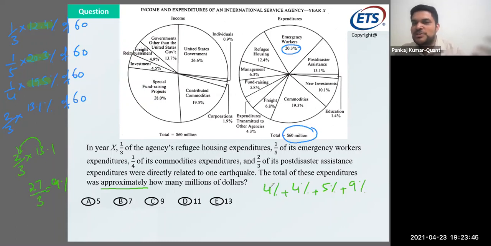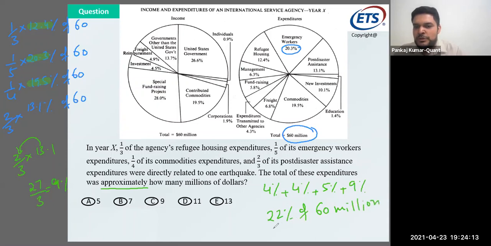If you see how much approximation we are doing, 4 plus 4, 8, 8 plus 5 is 13. And 13 plus 9 is 22. Okay, calculation is there. Which means I'm saying 22% of 60 million.